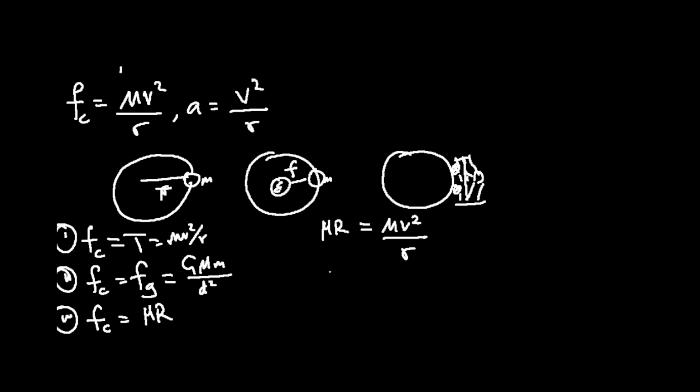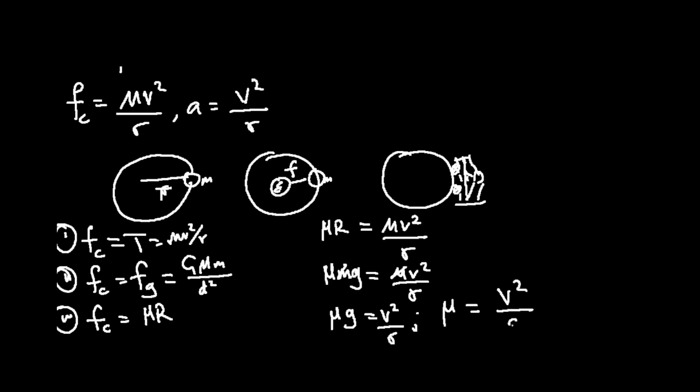Now, this mu that you are seeing here and this R, which is the normal reaction, I can rewrite as mg, which is mass times gravity, since it is the normal reaction. And this will equal mv squared all over r. So the mass can cancel out, and now we have that mu multiplied by gravity is equal to v squared over r. So dividing by g, you have that mu, which is the coefficient of friction, is equal to v squared all over gr.